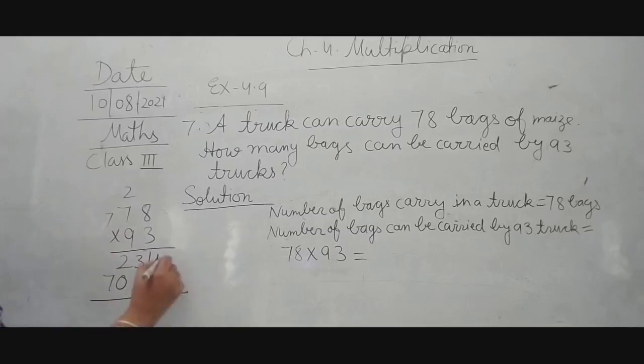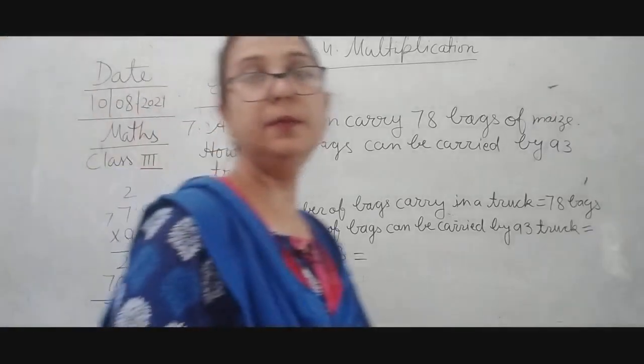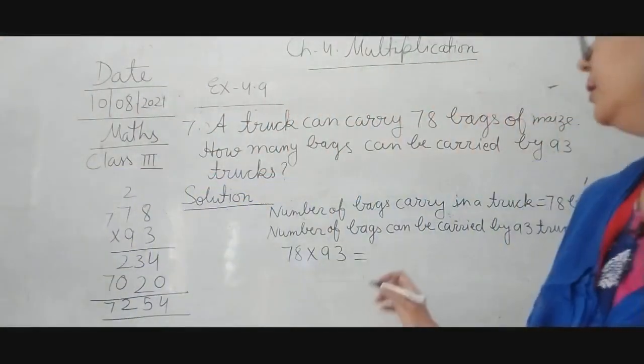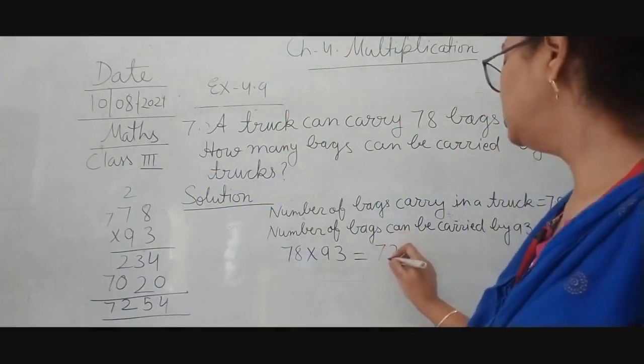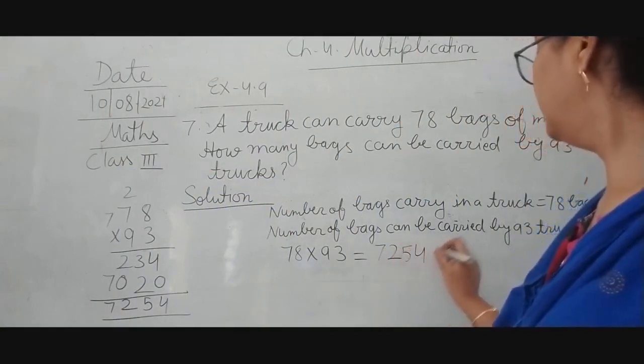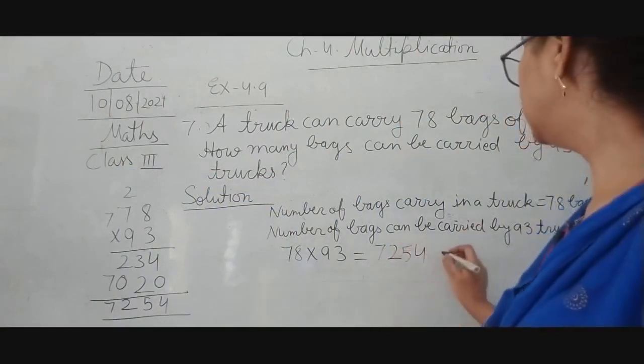So here 70, 4, 3 and 2 plus we will get this 5, then 2 and 7. So 7254 is the answer. So we will write over here 7254 bags.